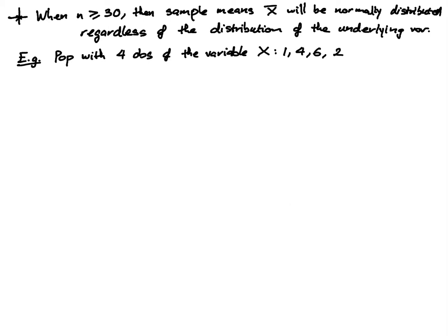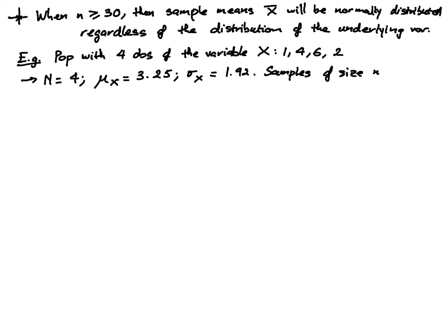So we have a population size of 4, population mean of 3.25, and a population standard deviation of 1.92. Okay? Suppose I'm interested in samples of size 2. Okay?